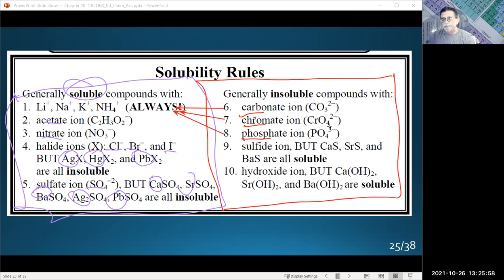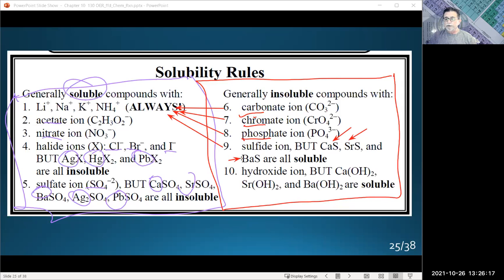The same is true for the sulfides. All sulfides are insoluble unless they too are bonded with lithium, sodium, potassium, or ammonium. But on top of that, there's 3 more: calcium, strontium, and barium.